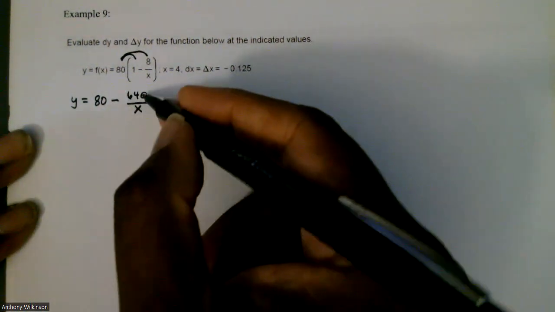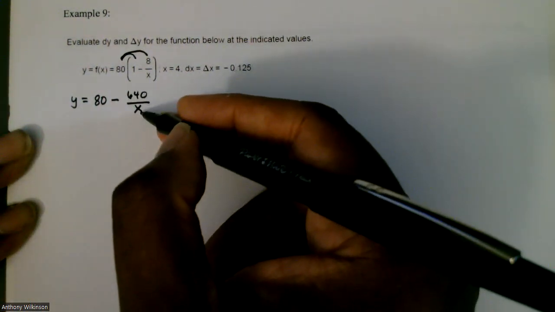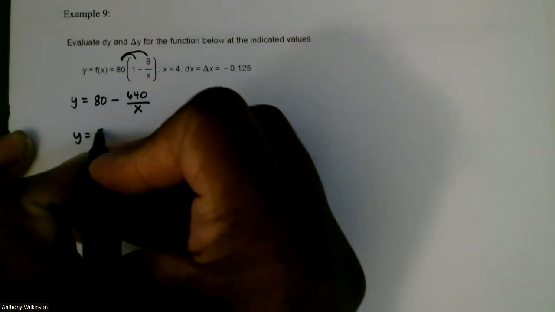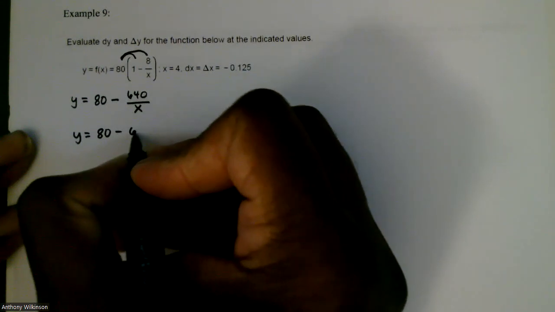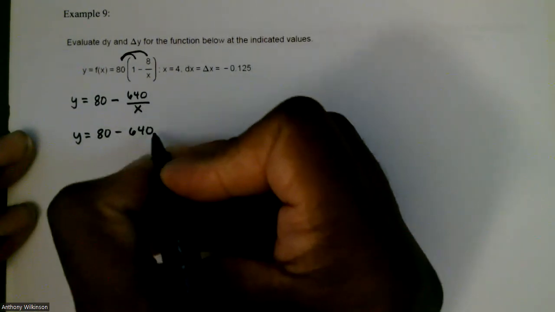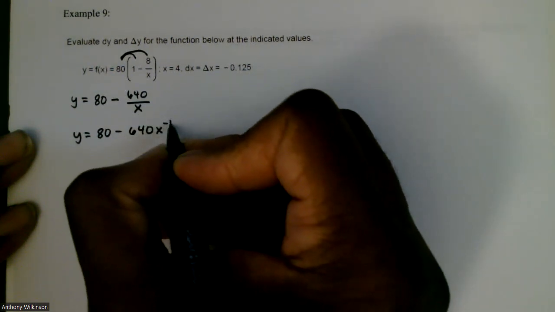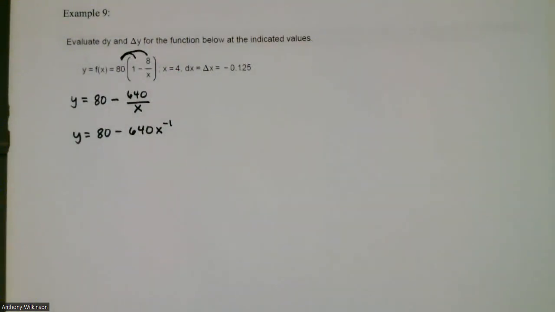Now I'm going to write 640 over x using negative exponents here. So y is equal to 80 minus 640. Pull the x out of the denominator. It's a positive 1 in the denominator, but when I pull it out of the denominator, it'll become a negative. So I'll have y is equal to 80 minus 640 x to the negative 1.